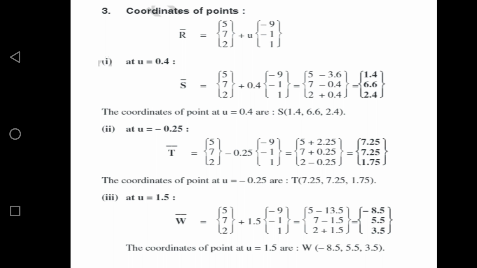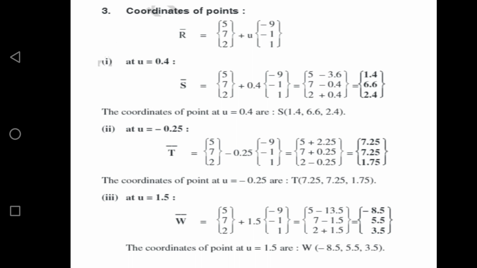We just have to substitute u equal to minus 0.25, and we get the coordinates 7.25, 7.25, 1.75. And also it asks us to find out the coordinates of the point at u equal to 1.5. If I substitute u equal to 1.5, I am going to get my coordinates as minus 8.5, 5.5, 3.5. So these are my coordinate points at different parametric values.